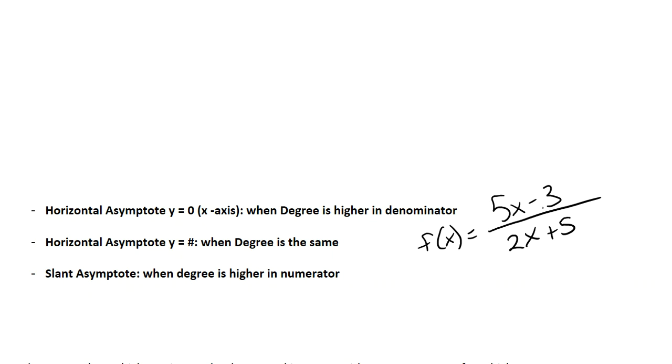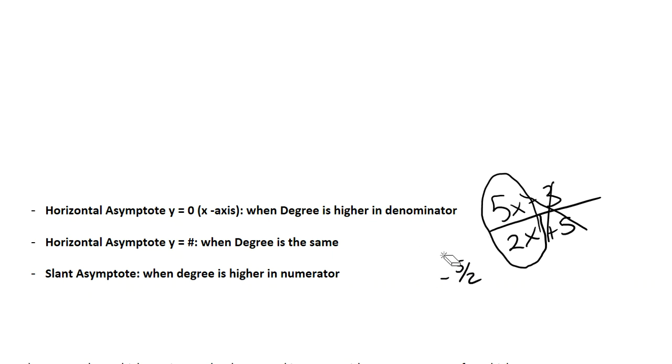In the first video, we talked about how x approaches infinity and what happens to the numbers. But a real simple way is those other numbers really don't matter. What's going to matter is the 5 over 2. So when the degree is the same, we can look at that ratio, and right away we can see that the asymptote is 5/2 with very minimal work.